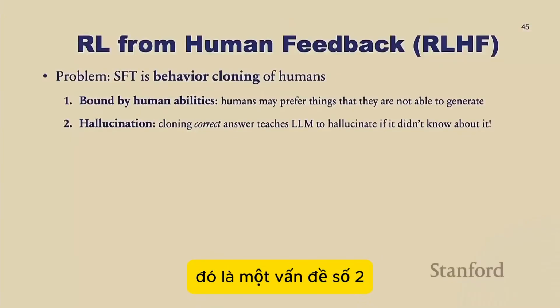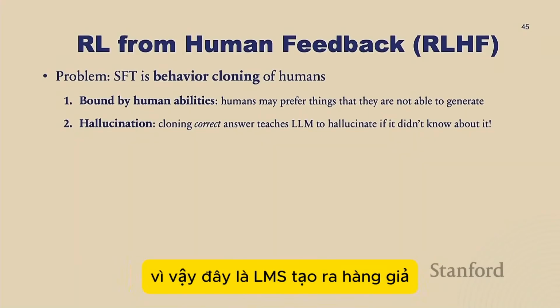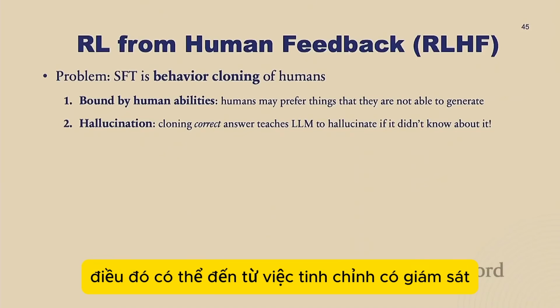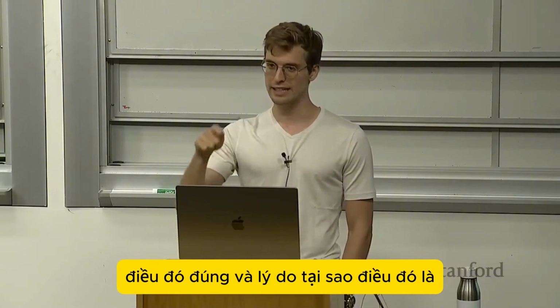Issue number 2, I find pretty interesting. If you ever heard of the word hallucination, this is LLMs generating false information. People have hypothesized that hallucination can come from the supervised fine-tuning, even if you do supervised fine-tuning on data that is correct.